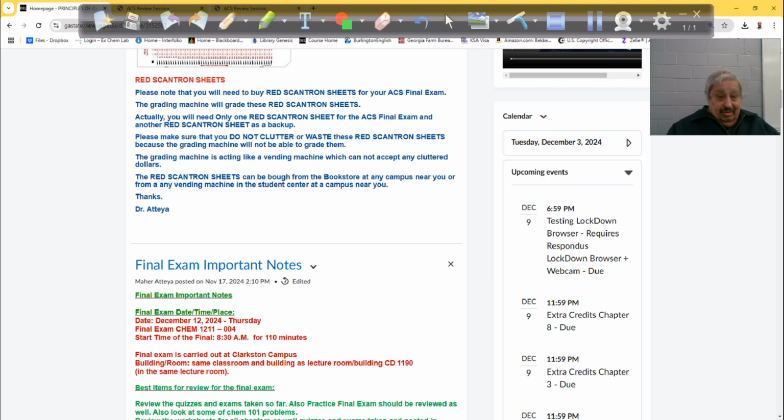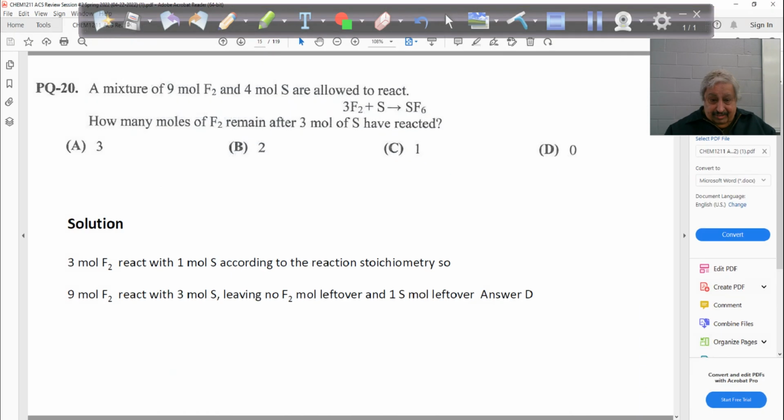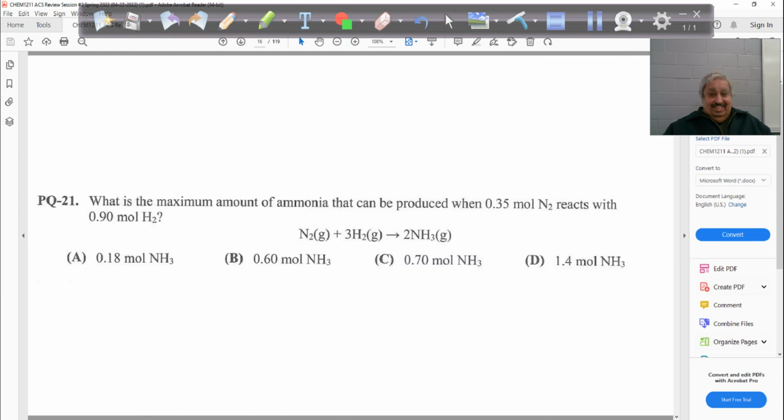So, okay, guys, where we are at now, we are at this. Yeah, the answer is 0. Okay, here it is. What is the maximum amount of ammonia that can be produced when 0.35 mole of nitrogen reacts with 0.9 mole of hydrogen?